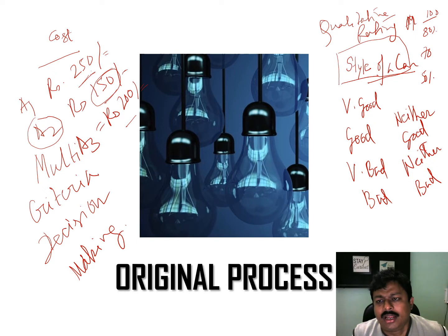But note that these ratings will change with the change in the decision maker. If I am rating these alternatives, then I will give this rating, but if you are rating them, you may give some other ratings. So the ratings are different for different decision makers.